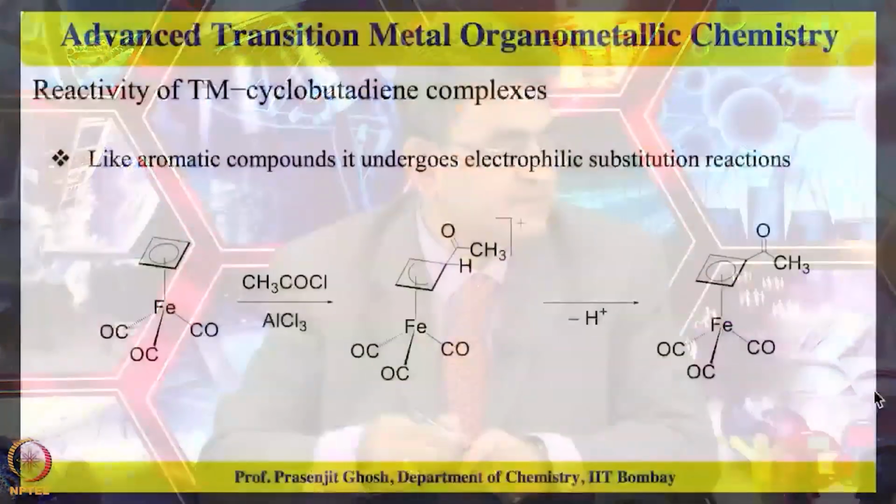Cyclobutadiene rings having CH2X substituents are very easy to solvolyze, or readily undergo solvolysis, and here is an example.